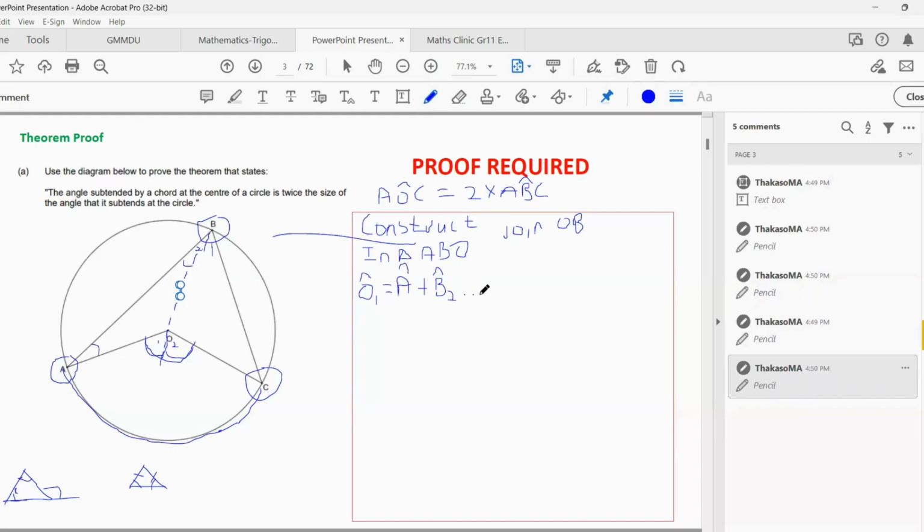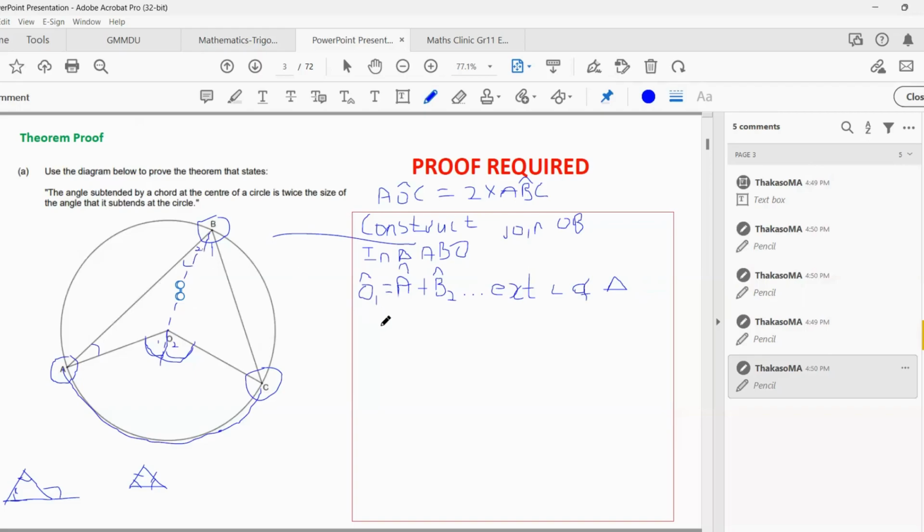And our reason is that this is an exterior angle of a triangle. Always remember to give reasons. A statement without a reason is not valid. In circle geometry, you will not get your mark.